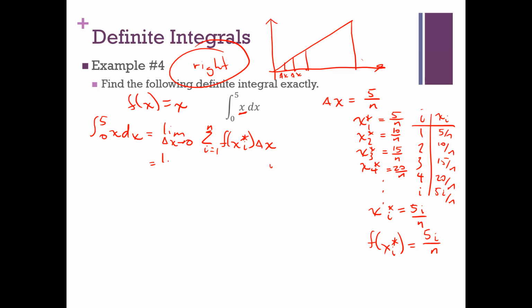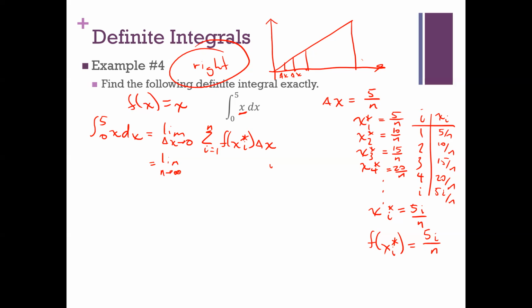And so let's just fill in what we have here. The limit as delta x goes to 0. By the way, do you mind if I replace this with a different idea? Are we okay that those two things are the same thing? Me saying that the change in x gets arbitrarily small, hopefully that is okay as me saying that the number of rectangles I have is going to get arbitrarily big.